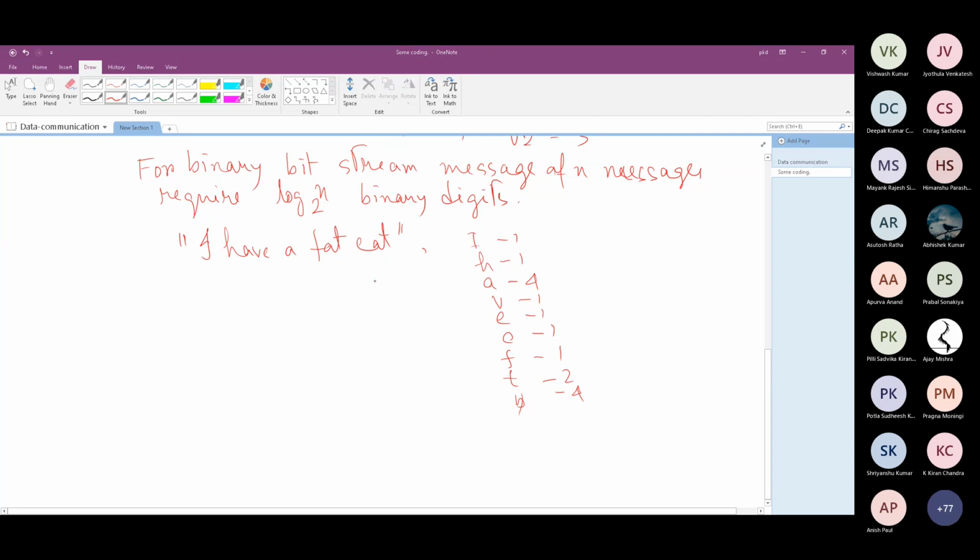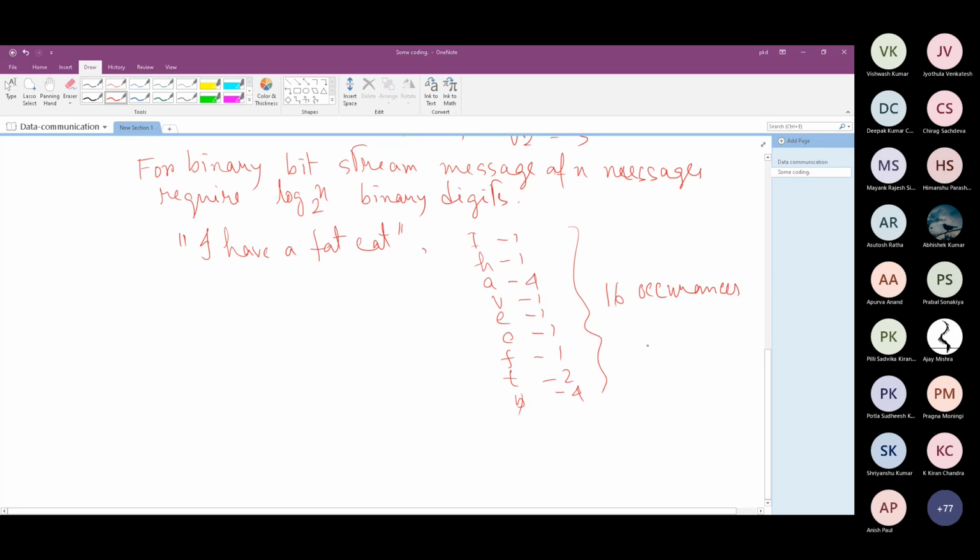So there are how many occurrences? We have 4, 2, 6, 7, 8, 9, 10, 14, 15, 16. So 16 occurrences, 16 events.